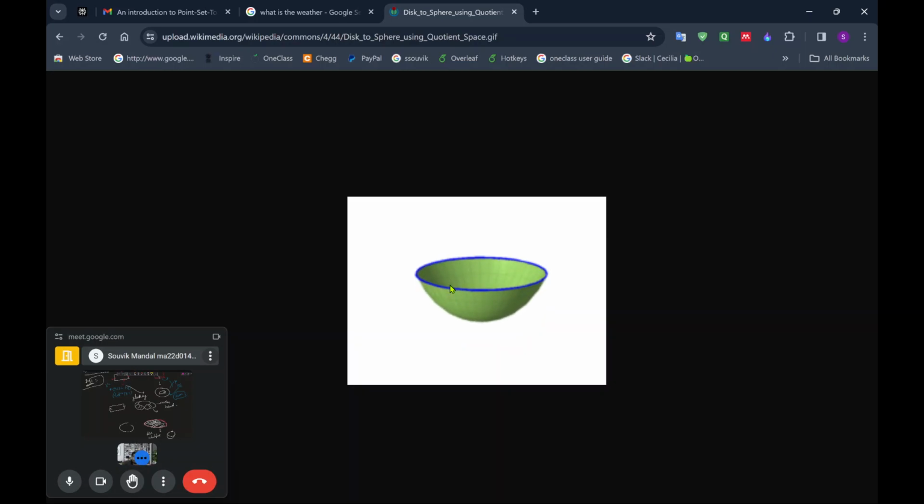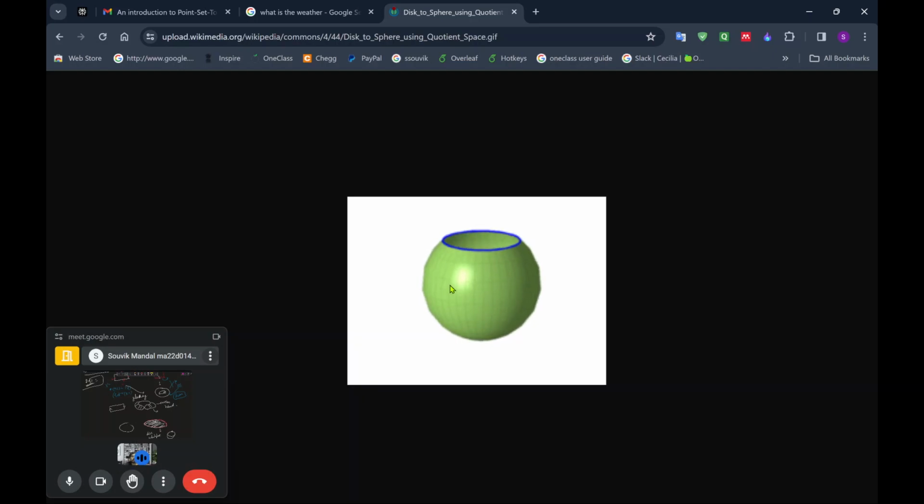Intuitively, you can consider this to be a closed upper hemisphere, and you identify the boundary.